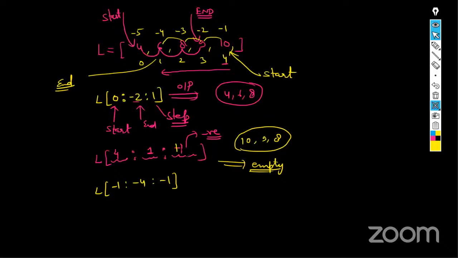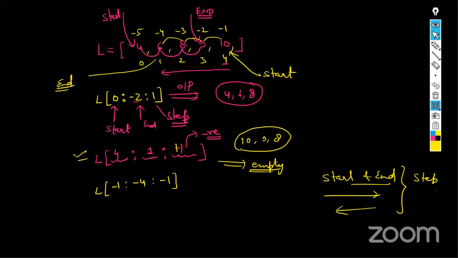There are two directional things that you are giving over here. One is the start and end pointer combination, which gives the direction, whether you are going in this direction or in this direction. And the second, the step, is also telling you the direction. Earlier both directions were matching, that's why you got the output.